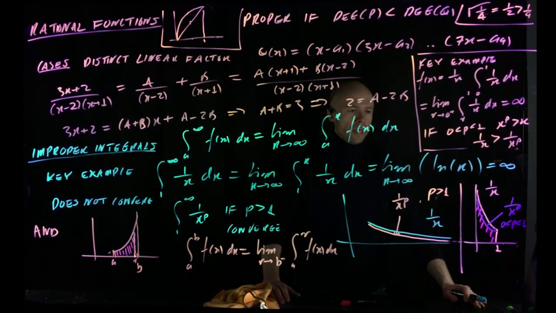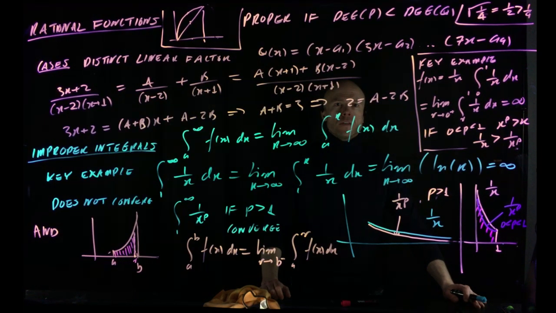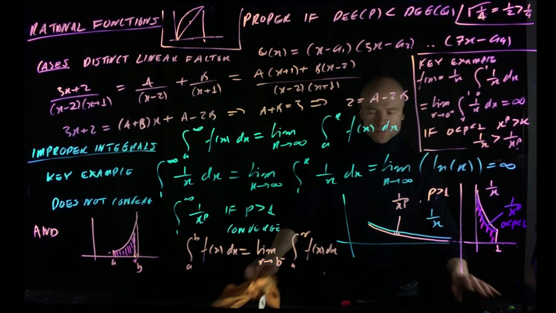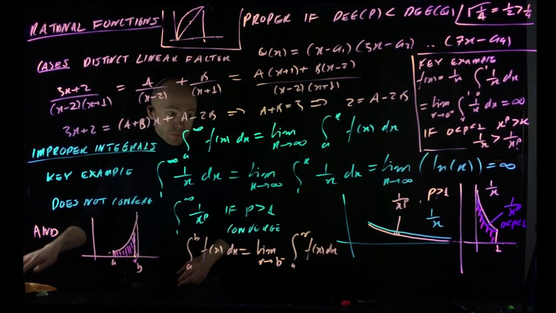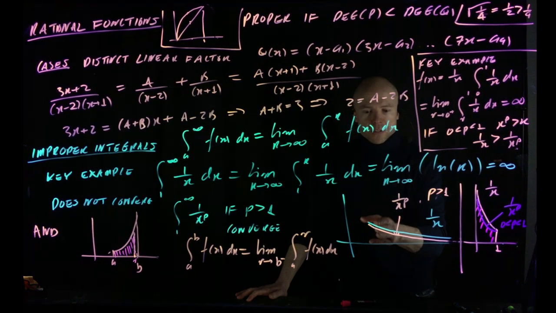On the other hand, if we take p bigger than 1, then x to the p is now smaller than x, right? So 1 over x to the p is now bigger, so it will lie above, so it has no hope to converge. So it's kind of the opposite. Well, it is the exact opposite of what happens as we take the improper integral from 1 to infinity.